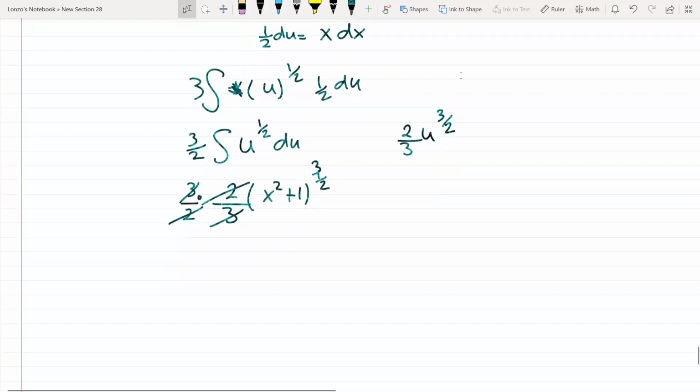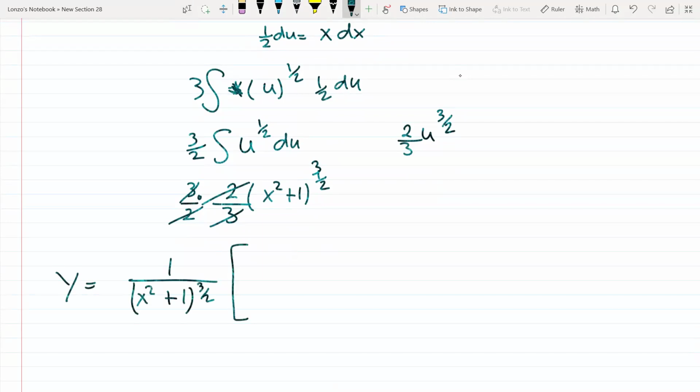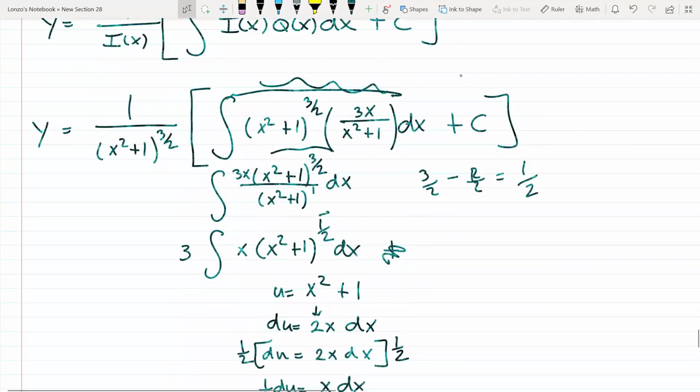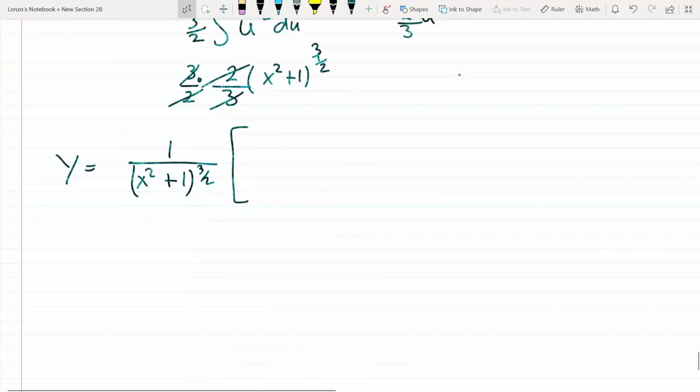So now you have y equals 1 over x squared plus 1 to the 3/2, bracket. And then we simplified this whole thing right here, right? We said that is going to be x squared plus 1 to the 3/2 plus c.